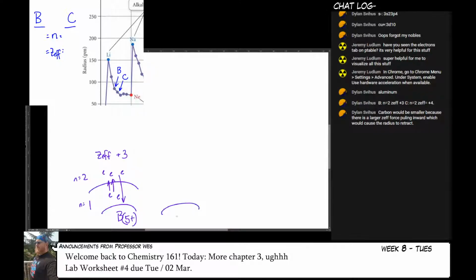And then same thing for carbon over here, which has 6 in the nucleus. I have 6 pulling in and 2 pushing out, equals 4 plus.